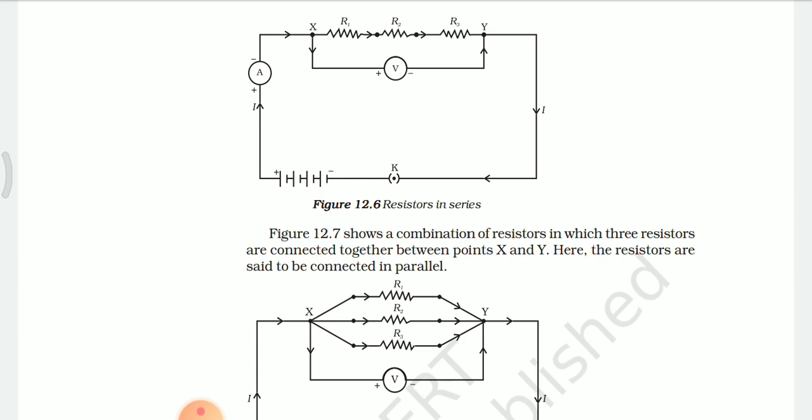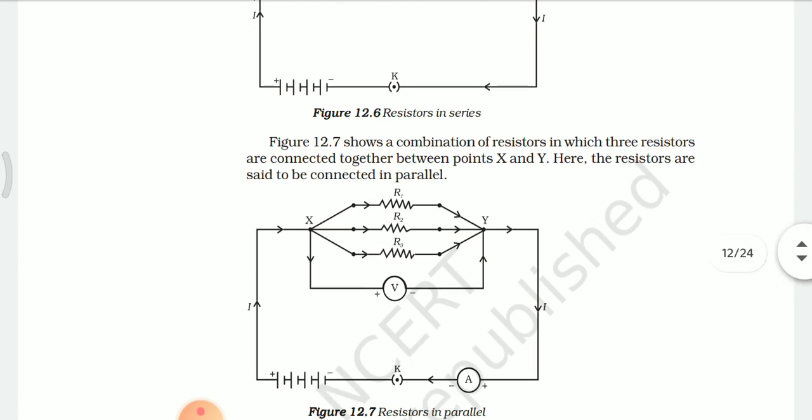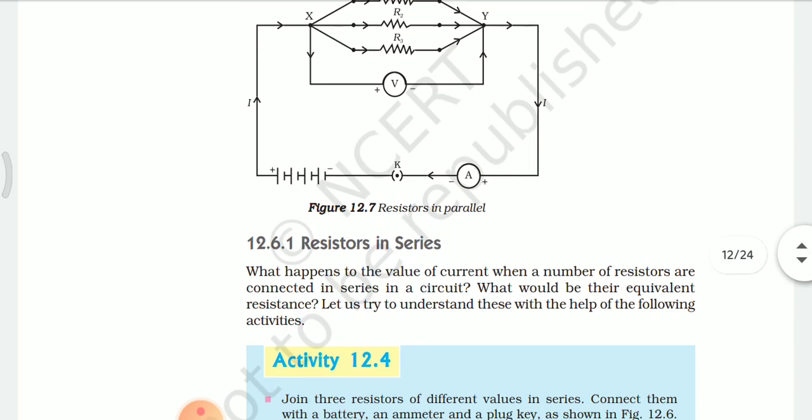Figure 12.6: Resistors in series. Figure 12.7 shows a combination of resistors in which three resistors are connected together between points X and Y. Here the resistors are said to be connected in parallel. Figure 12.7: Resistors in parallel.